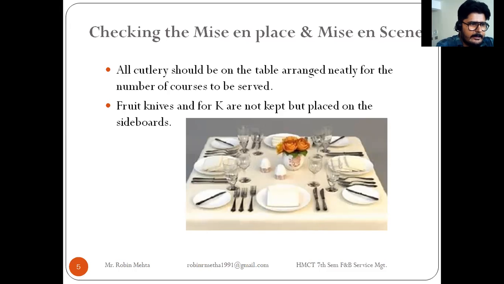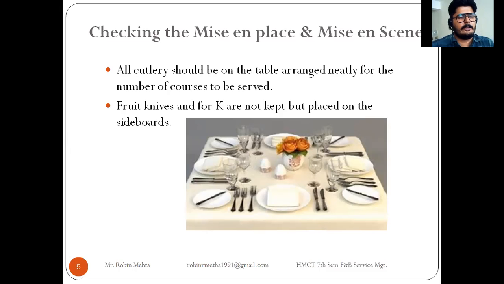Next point: fruit knives and forks are not kept but placed on the sideboard. Whatever the fruit knives or any kind of knives are not kept on the table but placed on the sideboard.